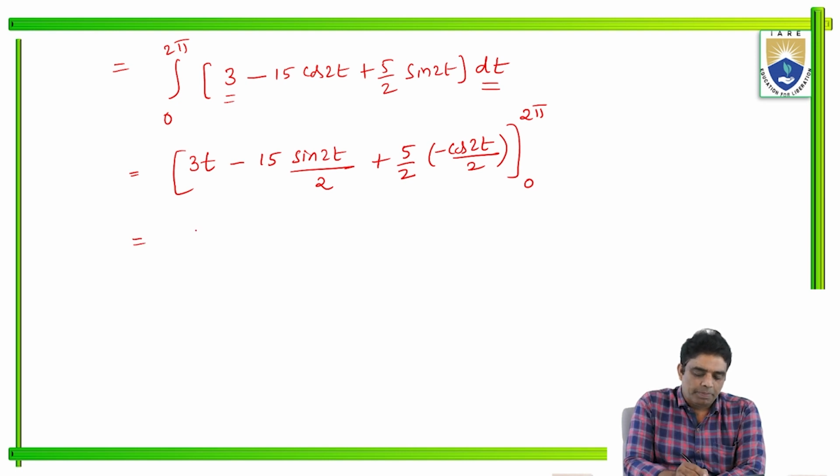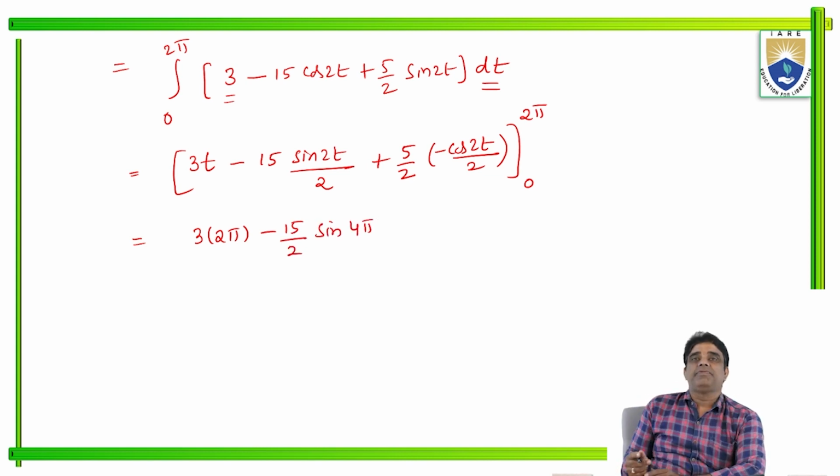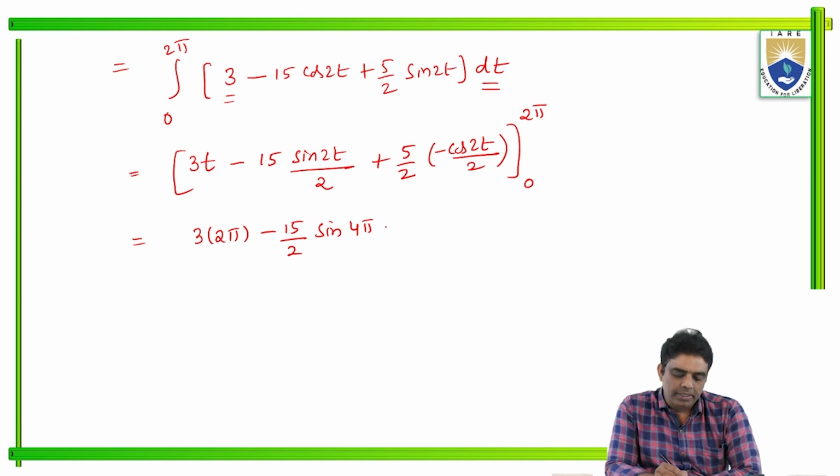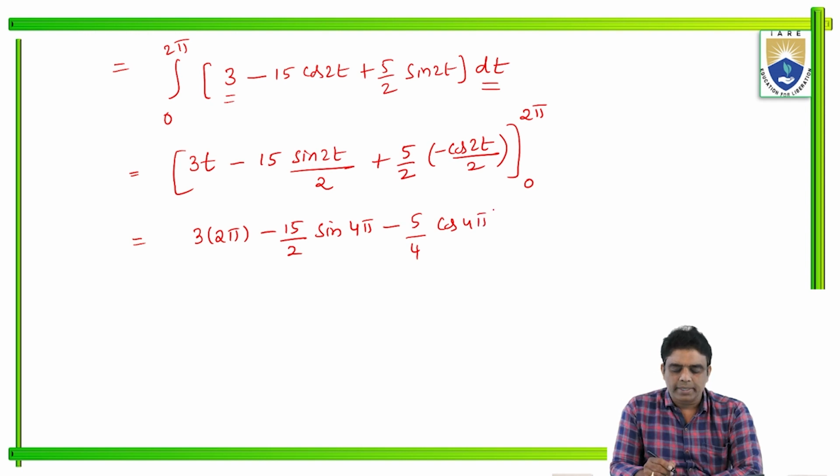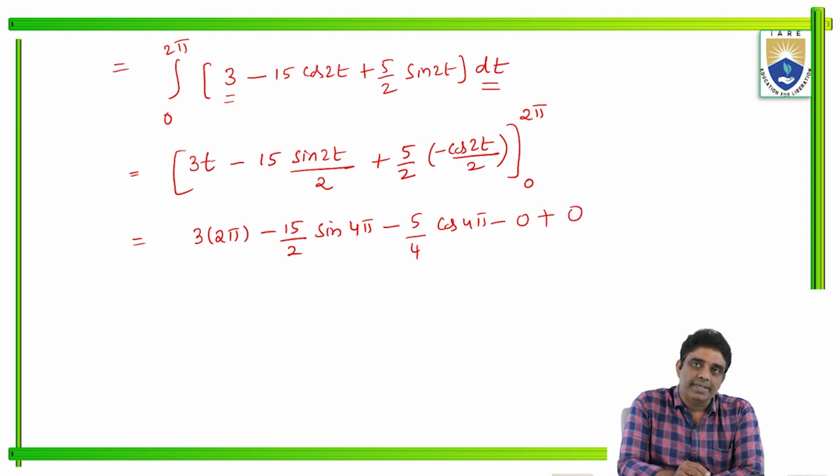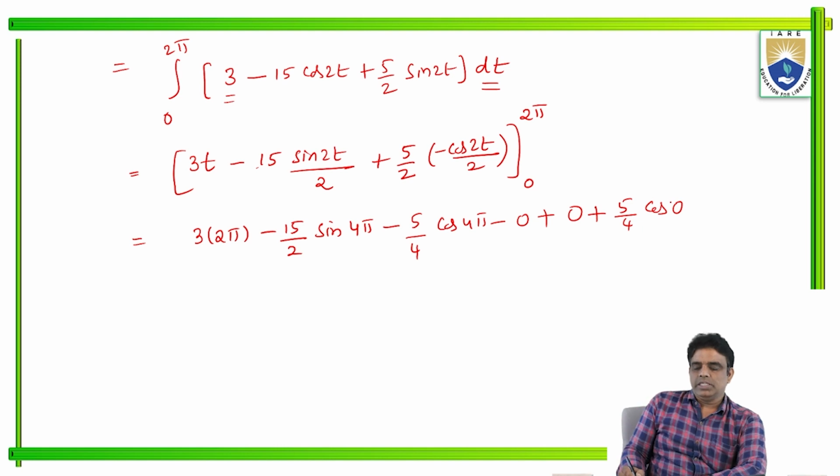On substituting the upper limit: 3 into t, which is 2 pi, minus 15 by 2 sin 4 pi, minus 5 by 4 into cos 4 pi. And the lower limits: minus 0, plus 3 into 0, which is 0, plus 15 by 2 sin 0, which is 0, plus 5 by 4 into cos 0.